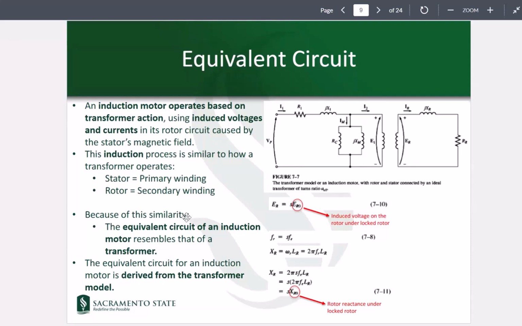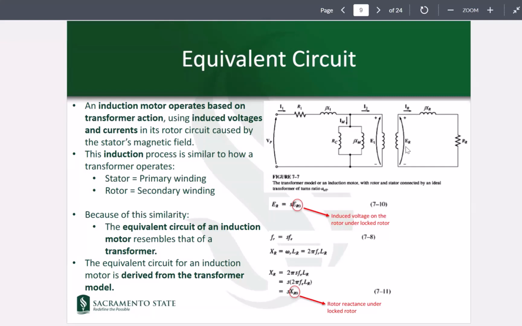On the stator we have the primary windings, and on the rotor we have the secondary windings. Because of this similarity, the equivalent circuit of the induction motor can be similar to that of a transformer. However, because the speed of the machine can change, the effective turns ratio would be a variable turns ratio, right?